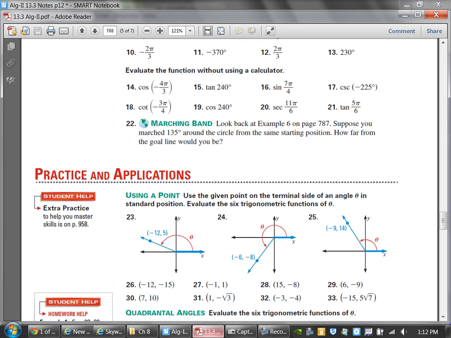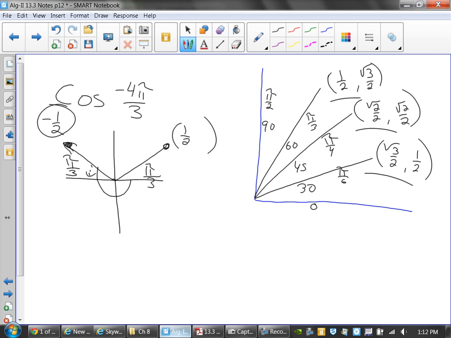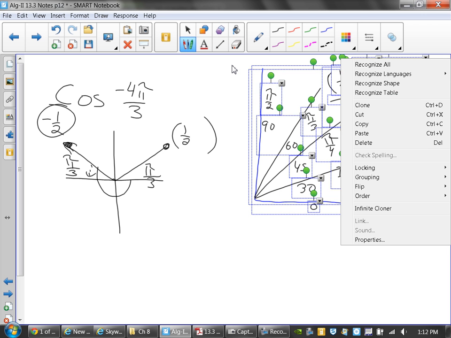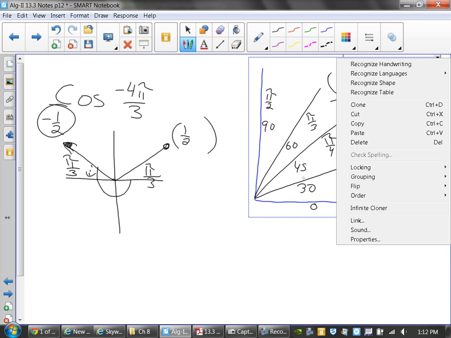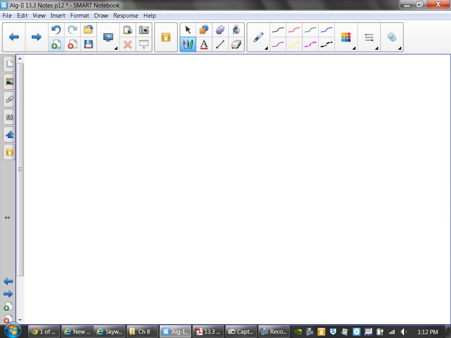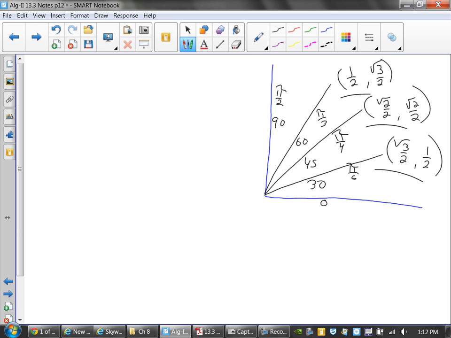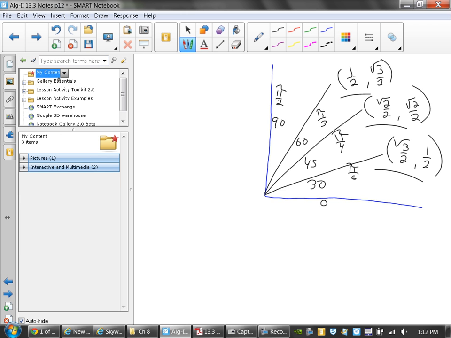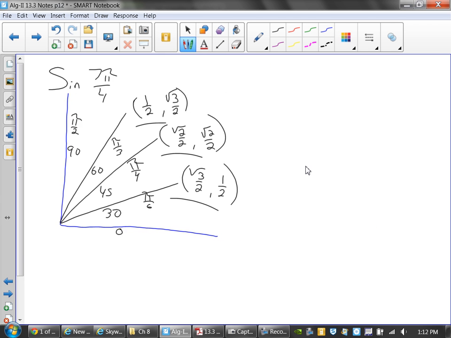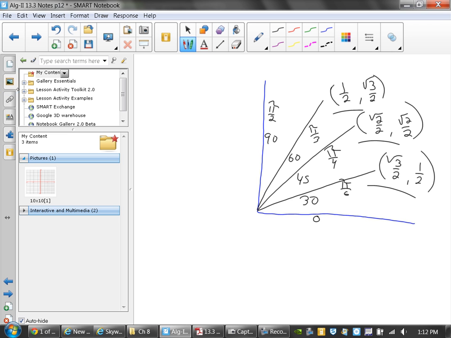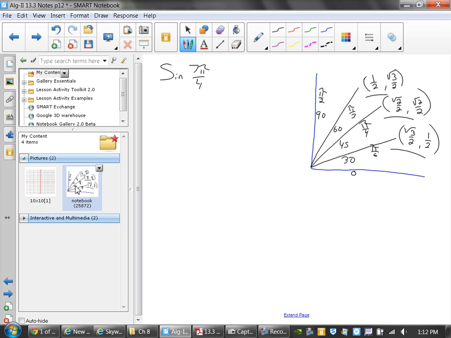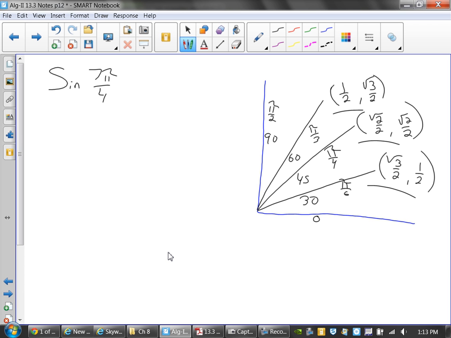All right, sine of 7π/4. Again, 4 goes into 7 how many times? 1 time.